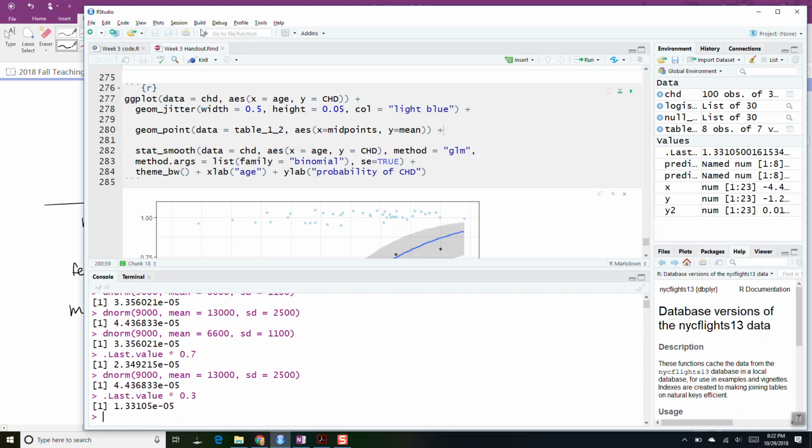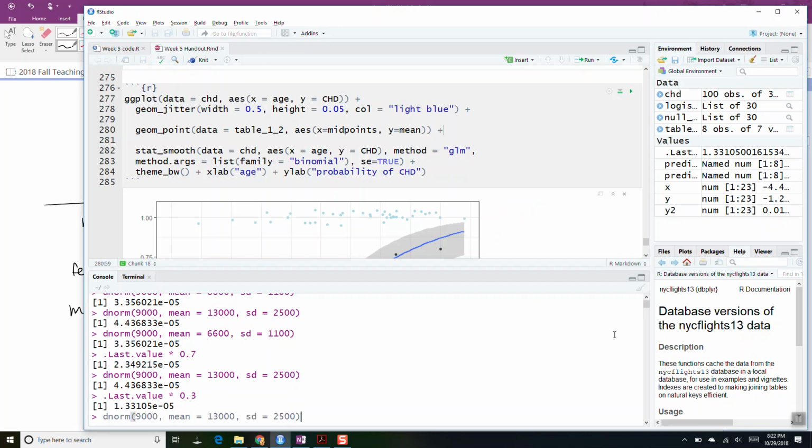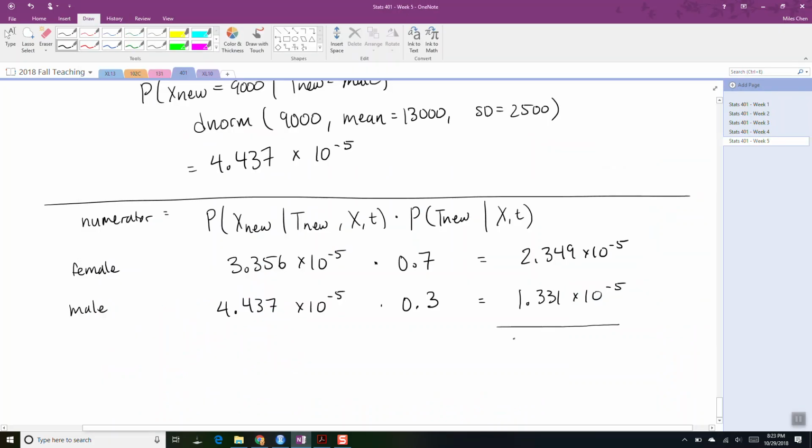I get 1.331 times 10 to the minus 5. Okay, so I've got this times 0.3 plus this times 0.7. So the numerators summed up give me 3.680 times 10 to the minus 5.